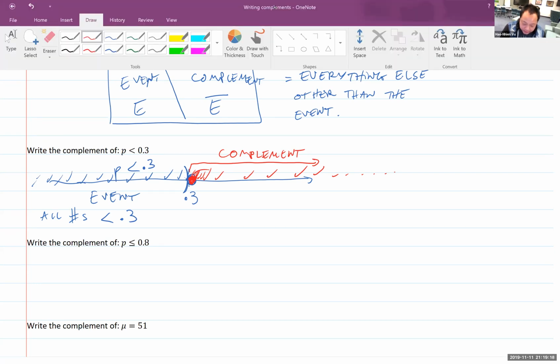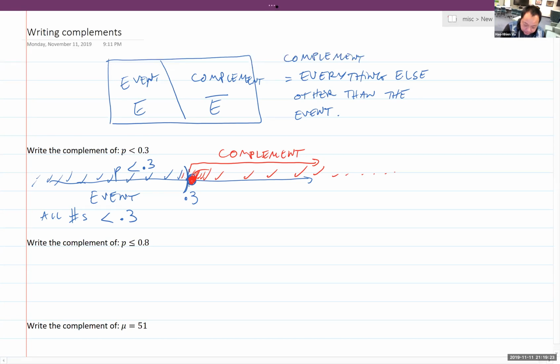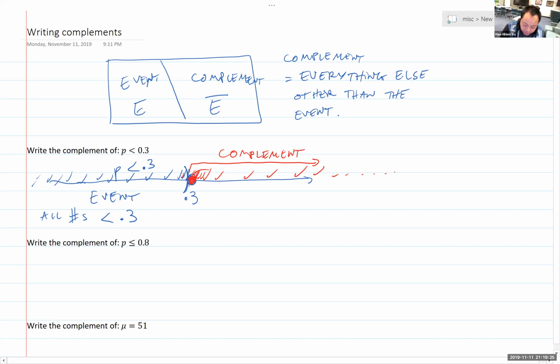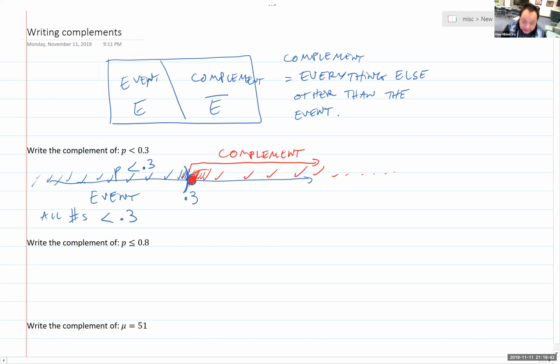For the event, it can be 0.29, 0.299, 0.2999, but it will not be 0.3, because it's supposed to be less than 0.3, and 0.3 itself is not less than 0.3, it's equal to 0.3. So if the event is all numbers less than 0.3, then the complement is greater than or equal to 0.3. So the complement is P greater than or equal to 0.3.